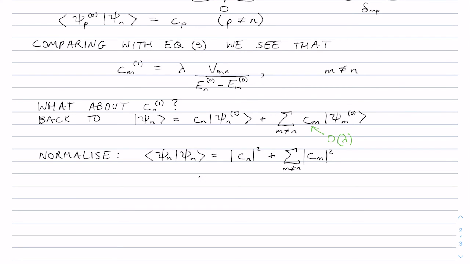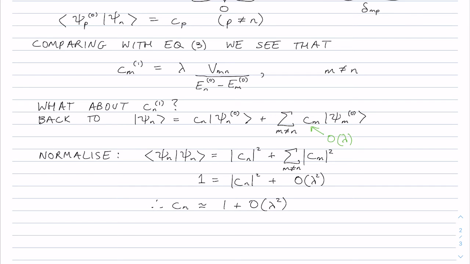So I can say 1 is equal to Cn squared plus terms of order lambda squared. All the Cm squareds have to be of order lambda squared. And so therefore, Cn is of order 1 plus terms of order lambda squared.